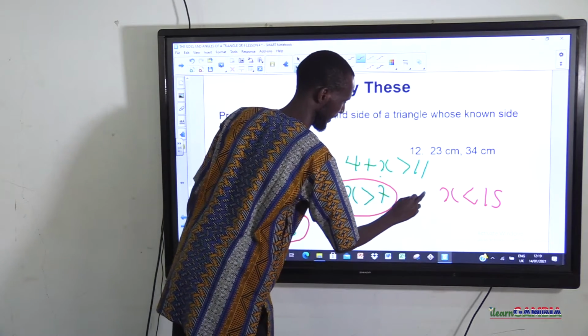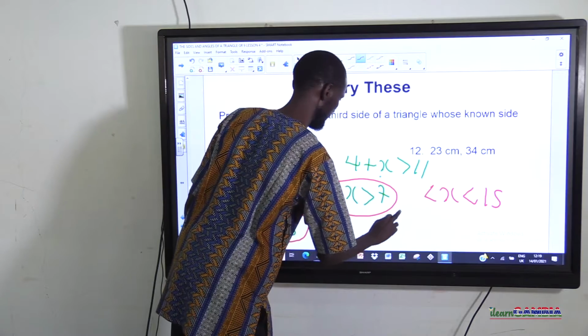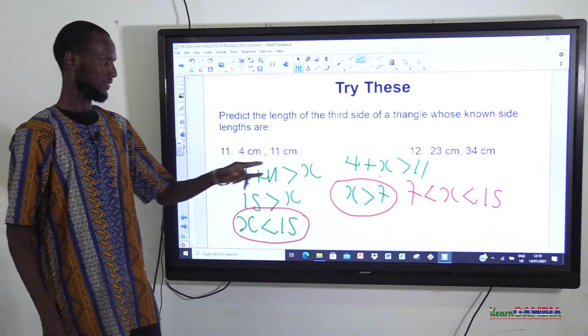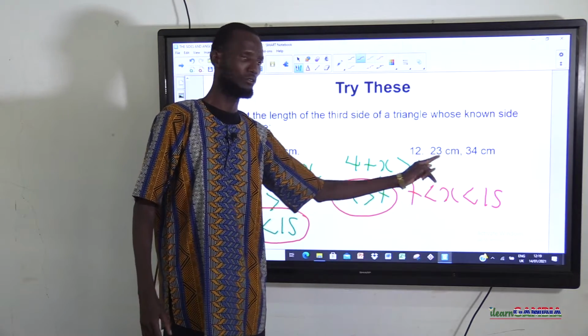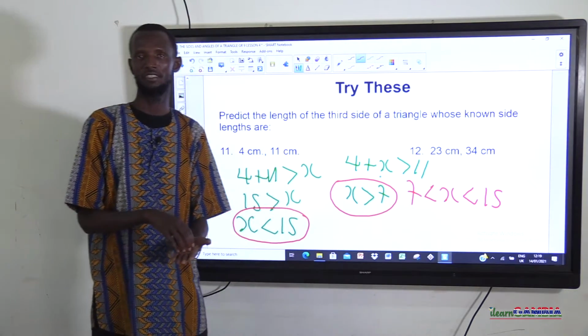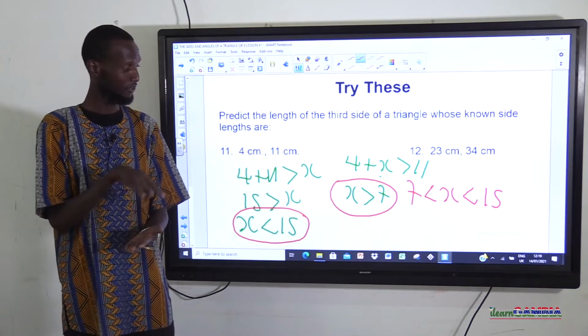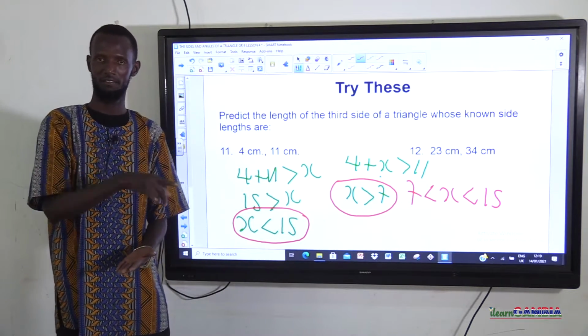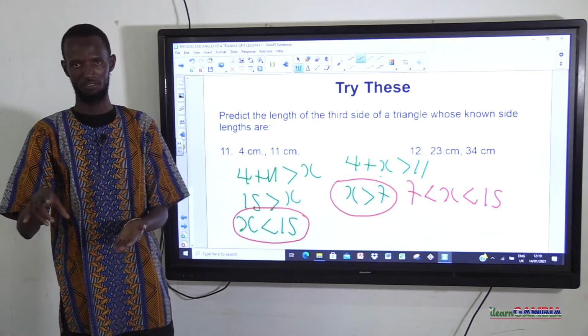The same third side is greater than 7. Again, that gives you the range of possible values for the length of the third side. The third side, we know, is a number greater than 7, but less than 15. That's where the number lies, okay?